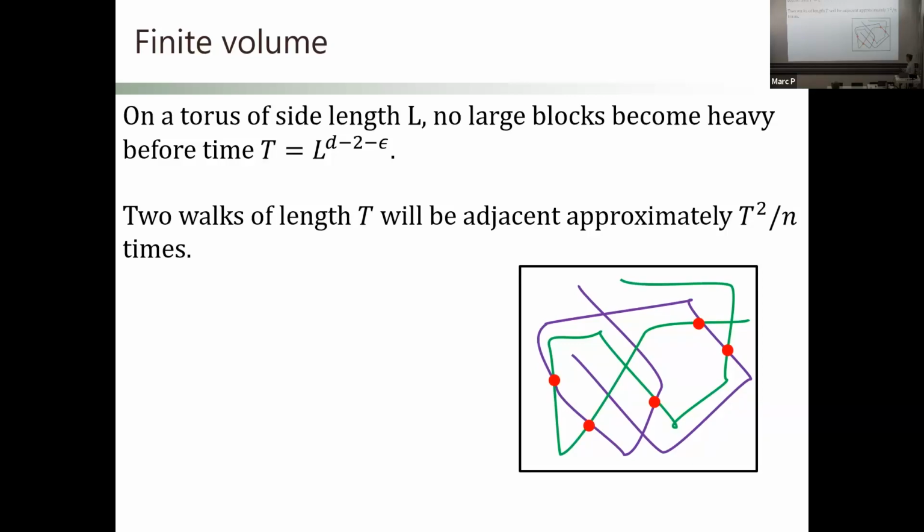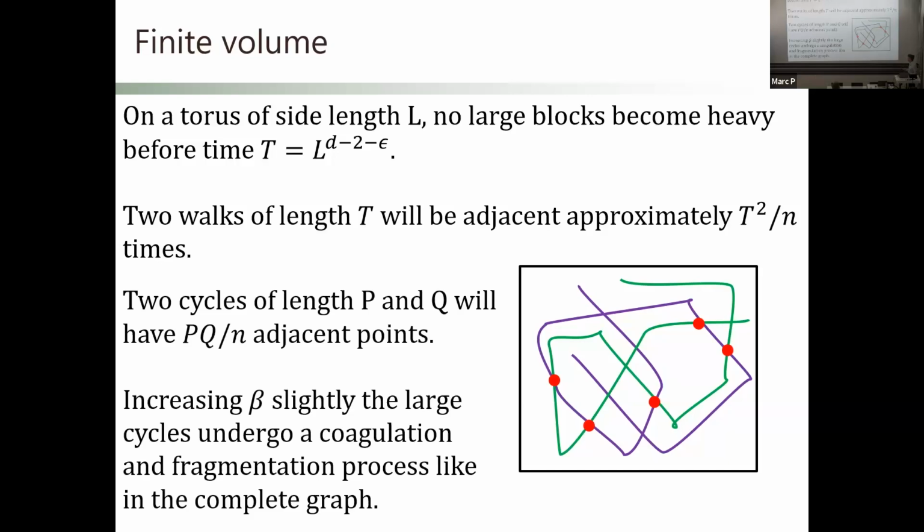And now if I had two longer cycles of length p and q, I could break them up into segments of this length and say that the total number of times the first cycle is adjacent to the second cycle is going to be concentrated around p times q divided by n.